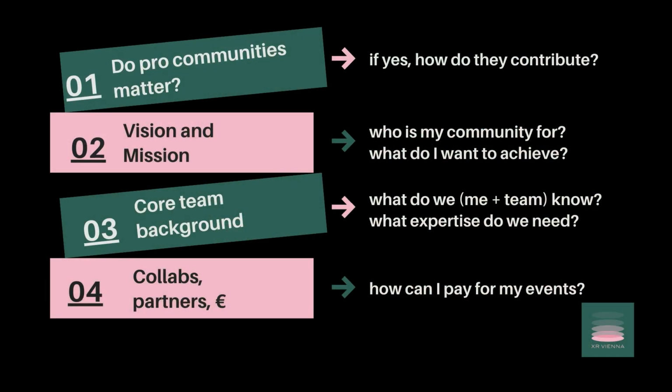I think the first one is really how we can contribute, or what is unique in your community. So how to bring something new and how you can contribute to the whole spectrum of the whole market for everybody. And then this also comes together with a vision and mission.